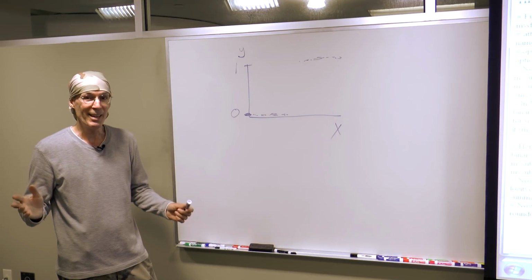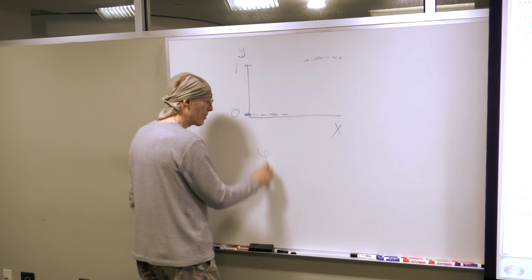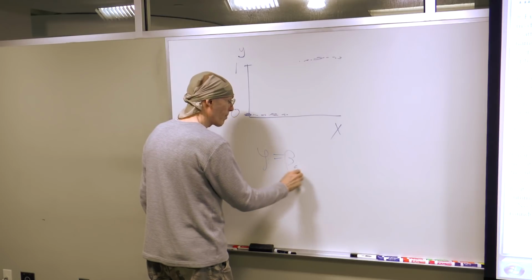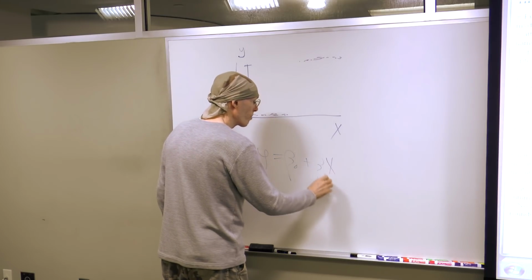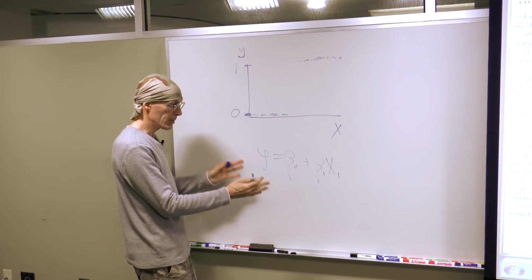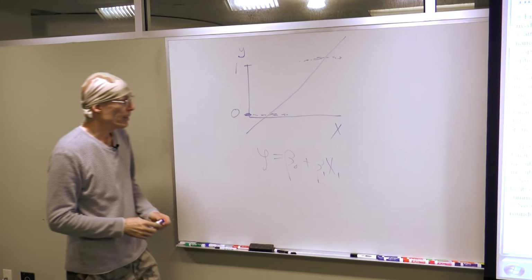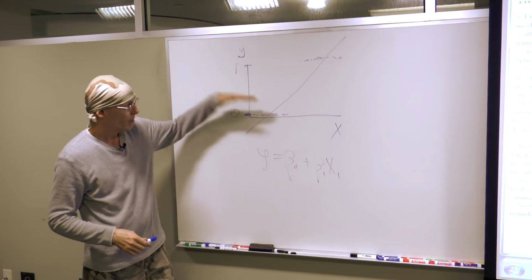Now that's not okay, because look what happens. You put a regular regression line through that, you have that form. That's a linear form. So you're going to have a line going through data that looks like that.